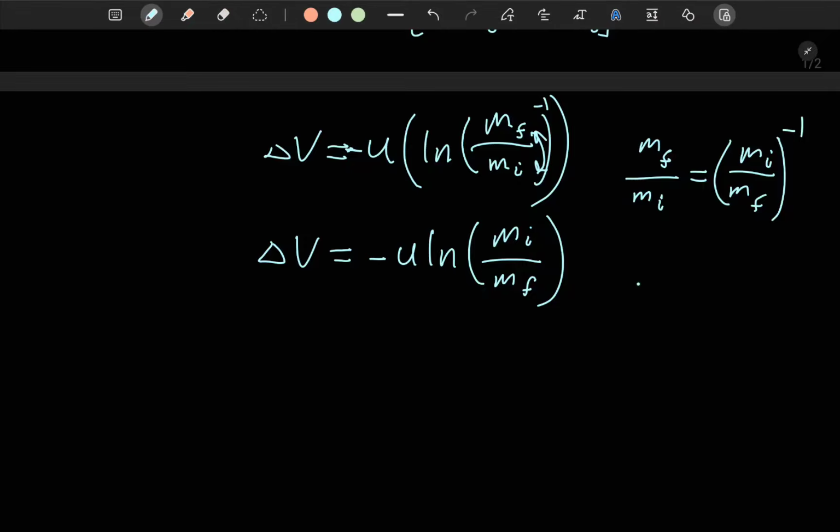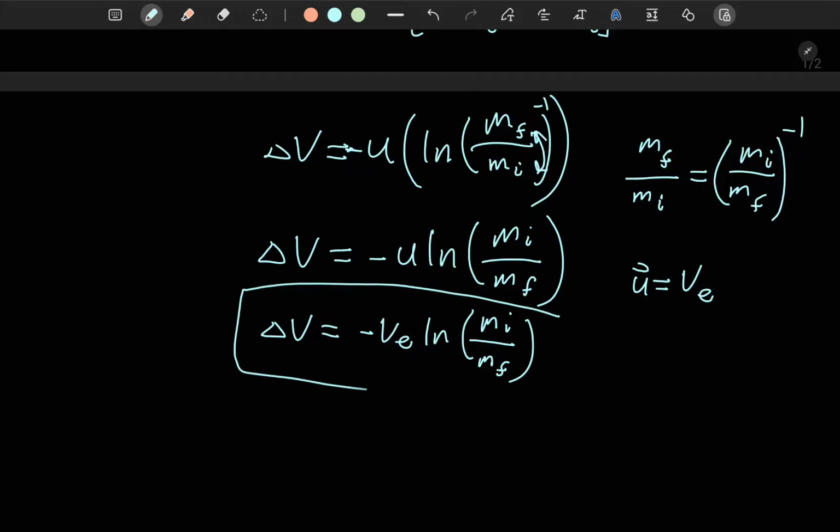And it's good to write that u is equal to v of the gas being expelled. So you can write that delta v is equal to negative u times the natural log of initial mass over final mass. And this is our completed rocket equation.